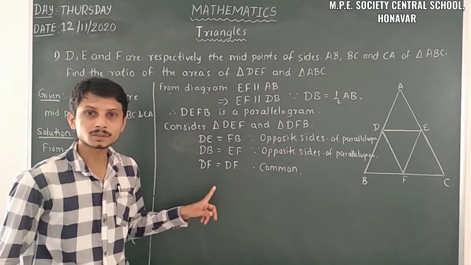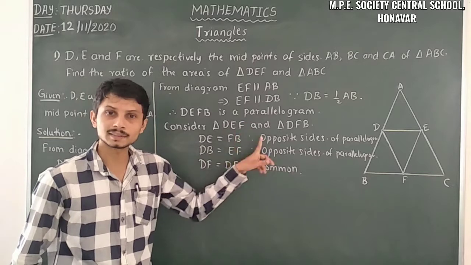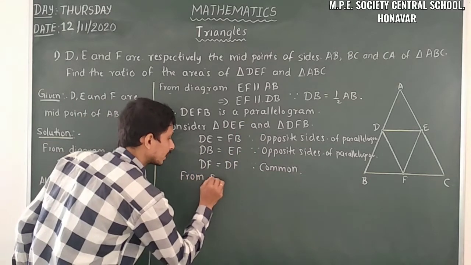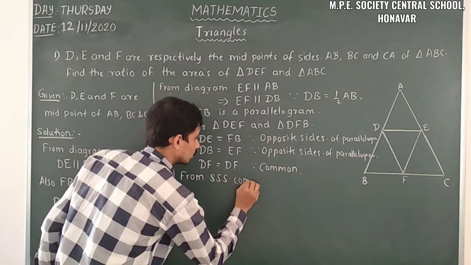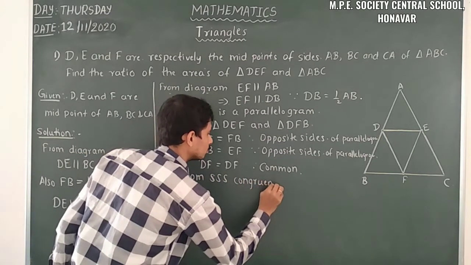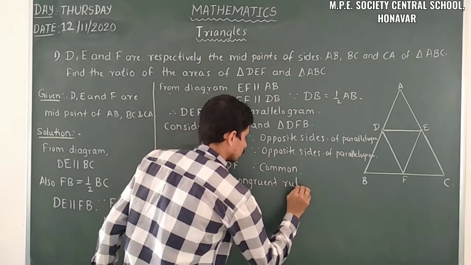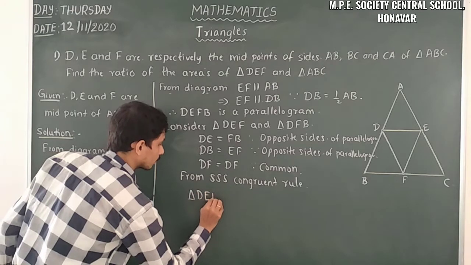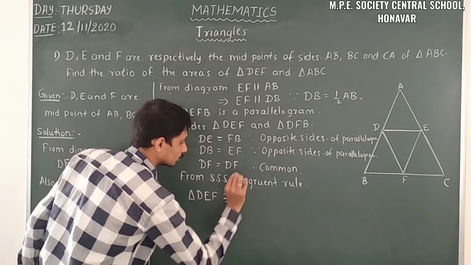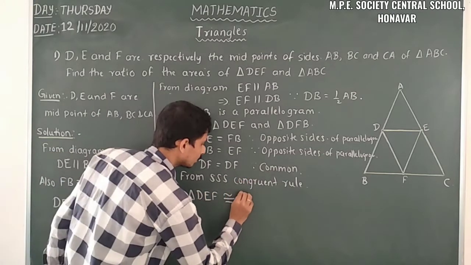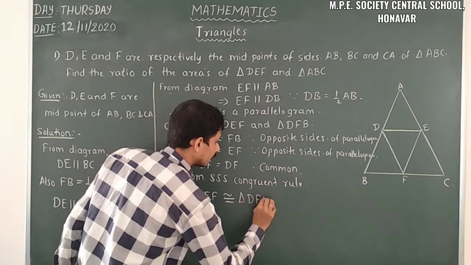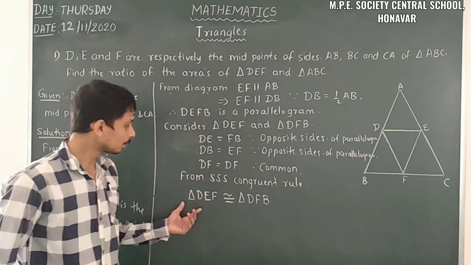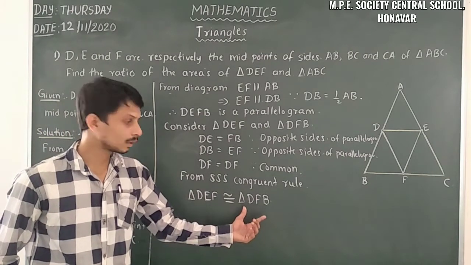From the SSS congruence rule, these two triangles are congruent. Triangle DEF is congruent to triangle DFB. So this implies the area of this triangle is equal to the area of this triangle.